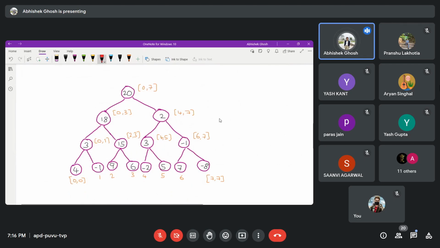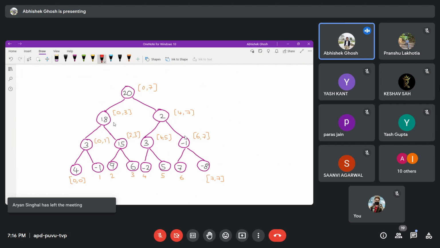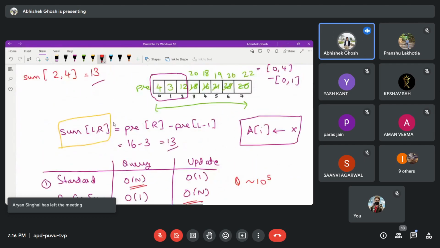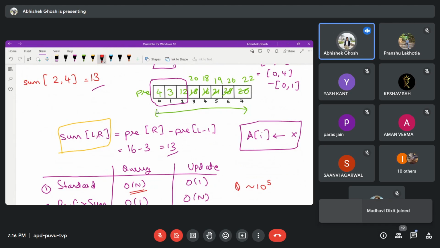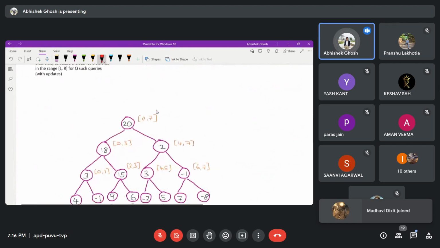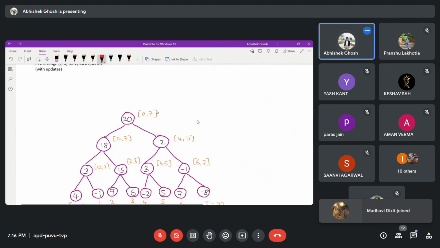We are discussing segment trees right from the basics. Prefix sum gave us an idea that if I do some pre-computation before the queries, if I create this prefix array, or if I store the sum answer for some smaller subproblems, then I can answer the larger ones.